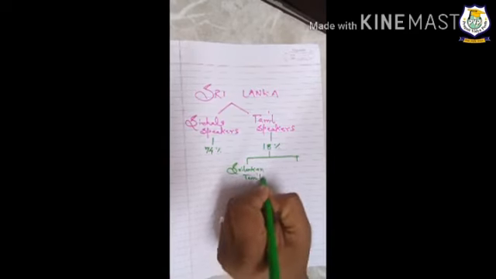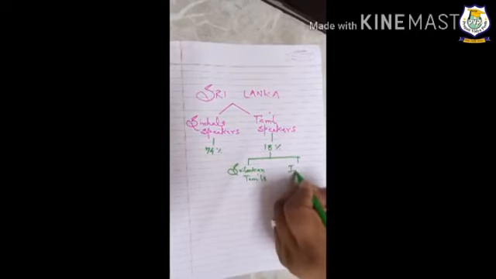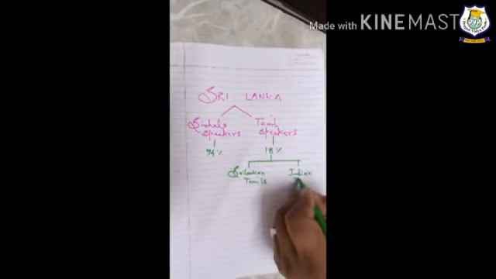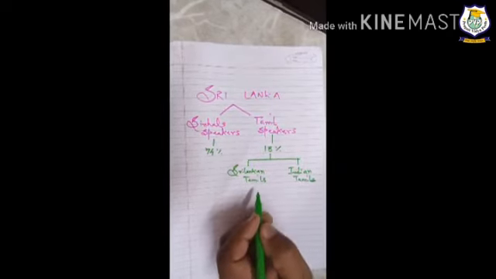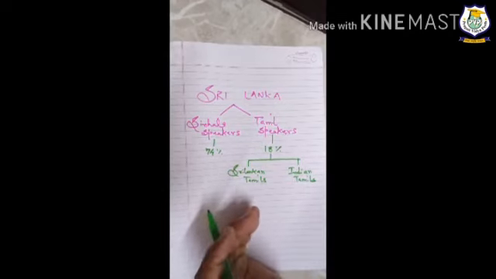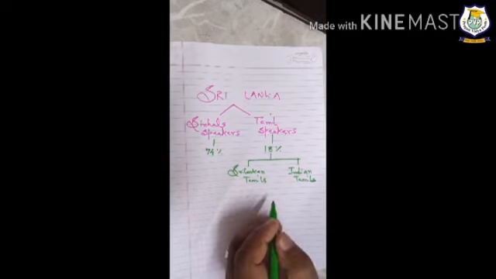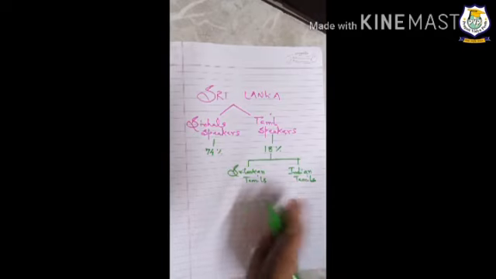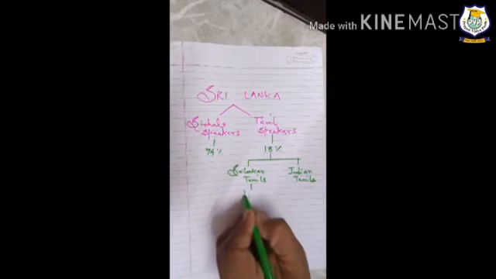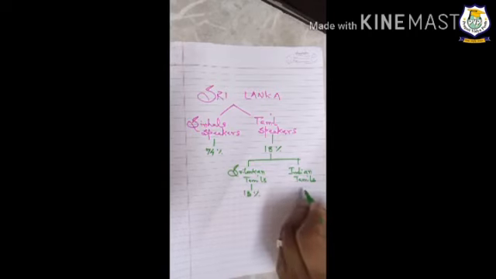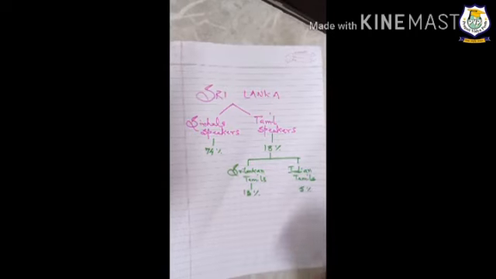Indian Tamils are the generation of the people who had been sent as indentured laborers to Sri Lanka to work in the plantation fields. The people settled there, and their generation is referred to as the Indian Tamils. Sri Lankan Tamils, obviously the natives of the area, are 13%, and we have 5% as Indian Tamils.